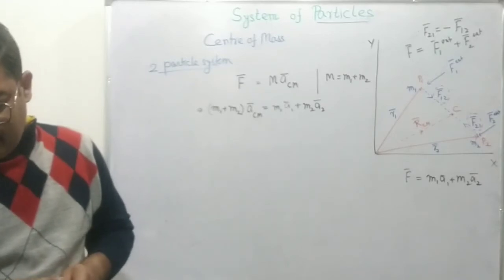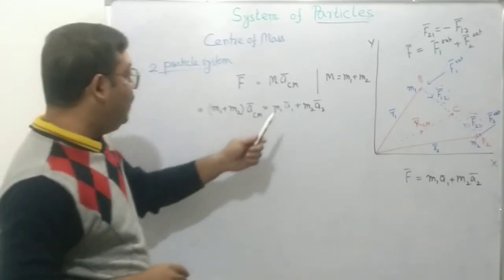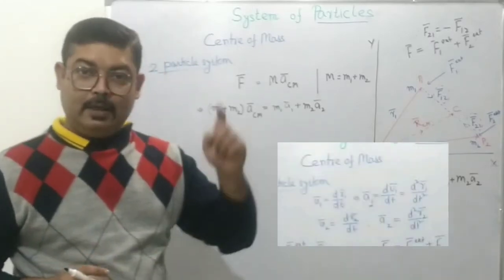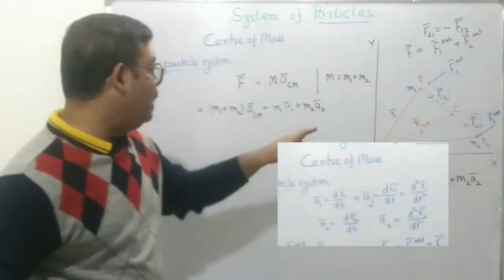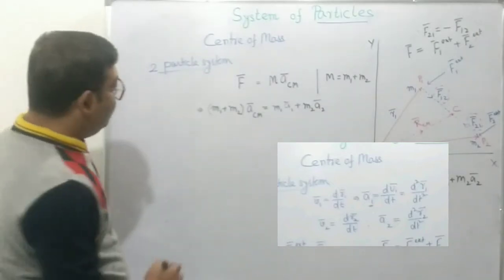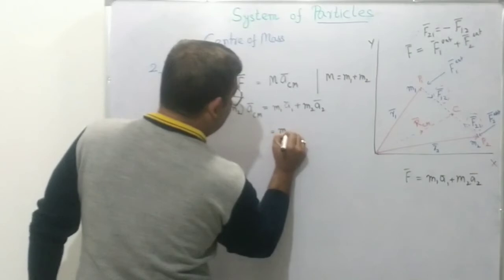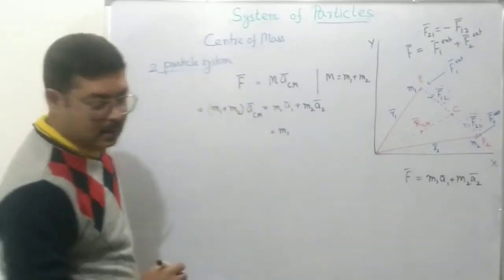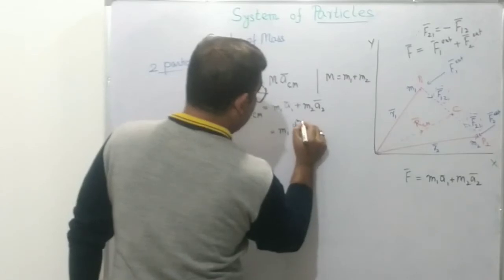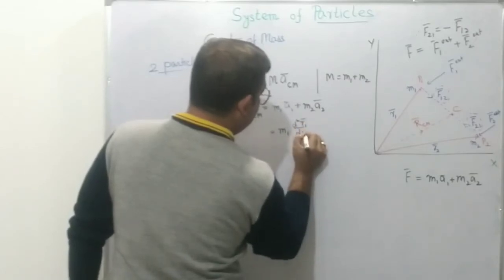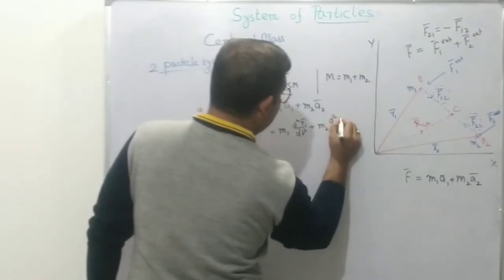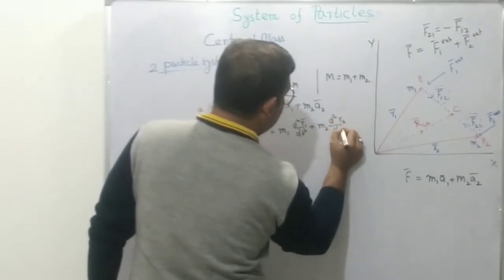So we had just found that a1 and a2 could be written as d square r1 by dt square and d square r2 by dt square, right? So we can write that m1 d square r1 by dt square plus m2 into d square r2 by dt square.